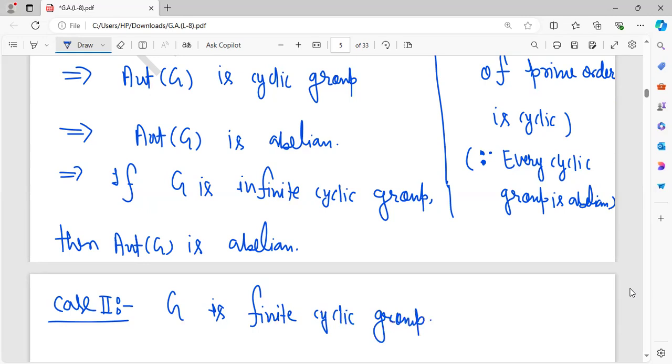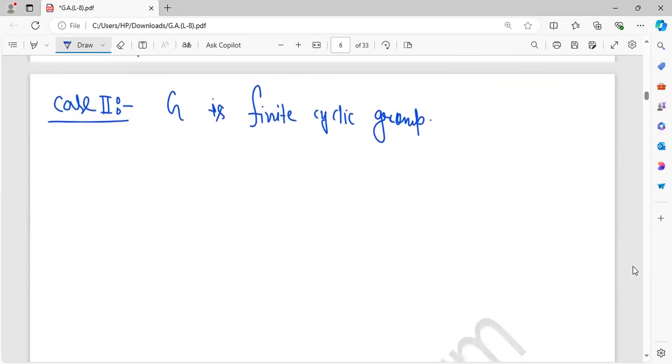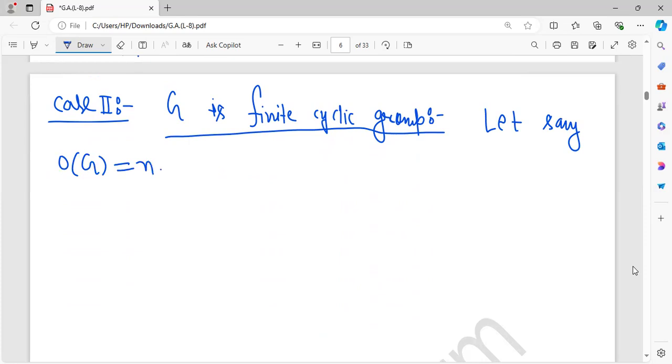It will have order n, some n. The second case is G is a finite cyclic group. Let's say the order of G is n. Then by theorem 2, what is the automorphism group of G?